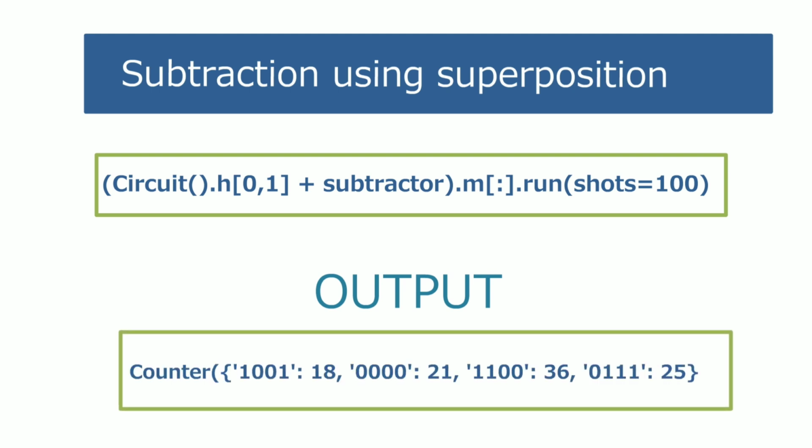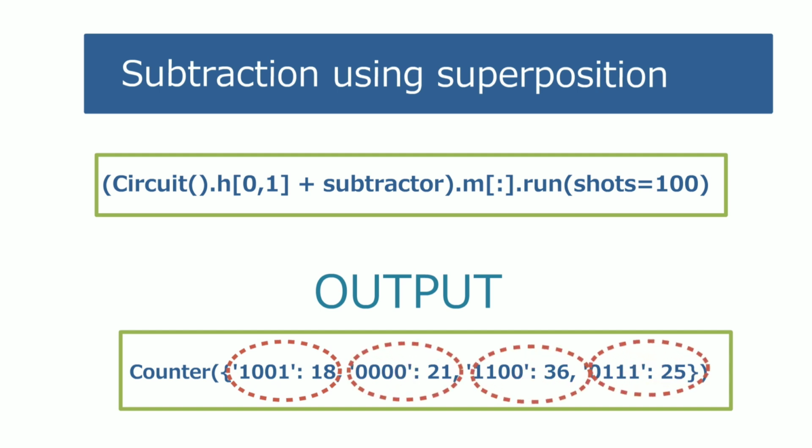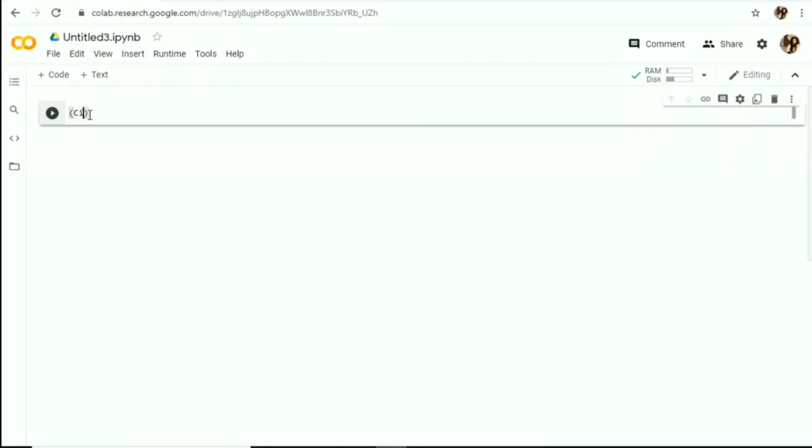Using the Hadamard gate, I got 4 answers, about 1/4 each. If you create a universal subtraction circuit like this, you can perform calculations using the superposition state. Now let's implement the code in Google Colab and see the result.